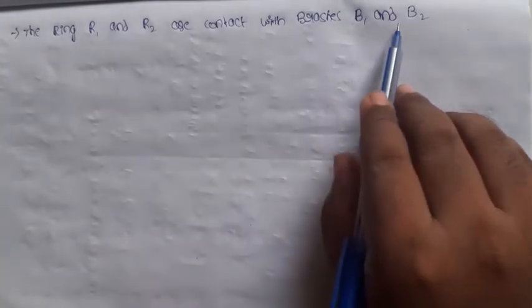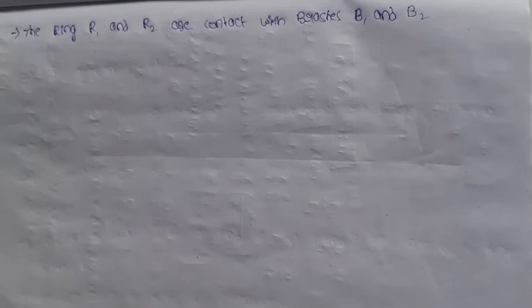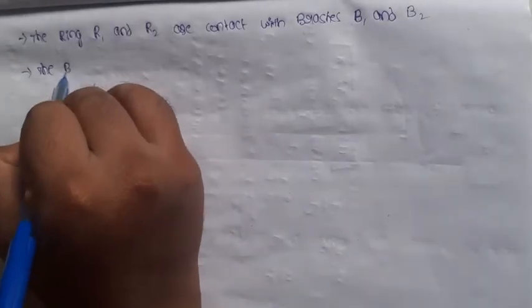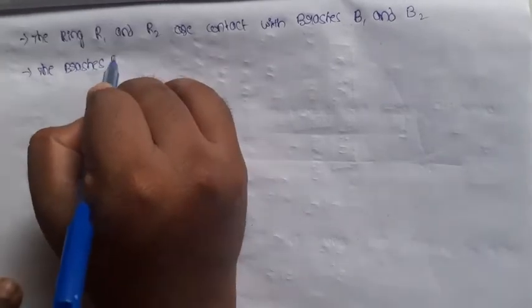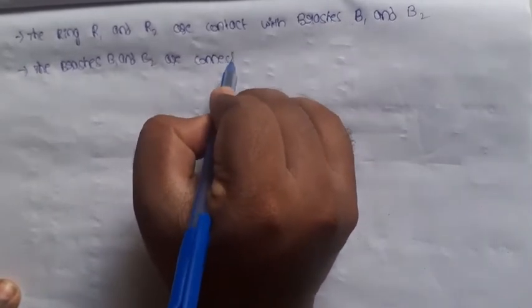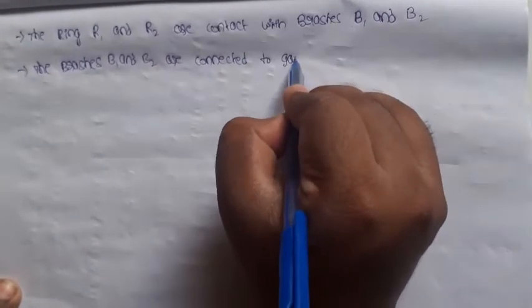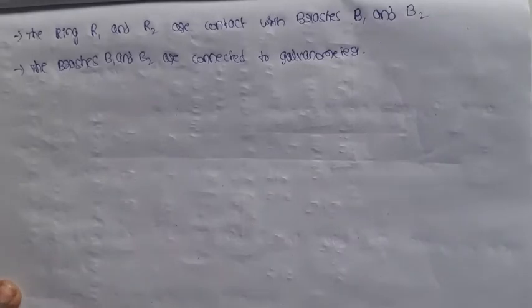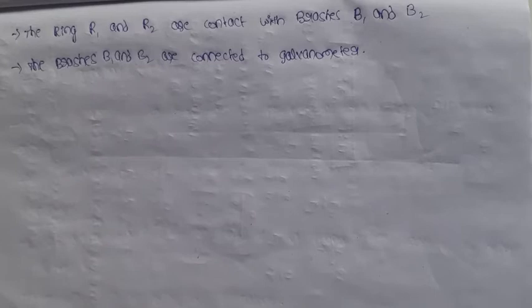The purpose of the brush is to maintain contact between the armature and the galvanometer. The brushes B1 and B2 are connected to the galvanometer for observing the current. When the galvanometer shows deflection, we understand that some current is flowing in the coil.